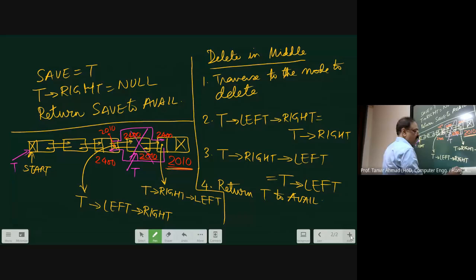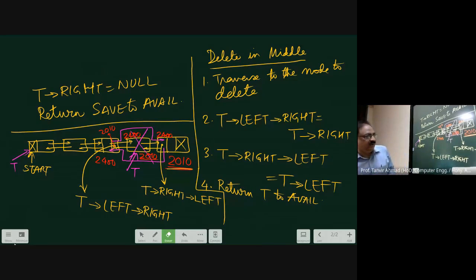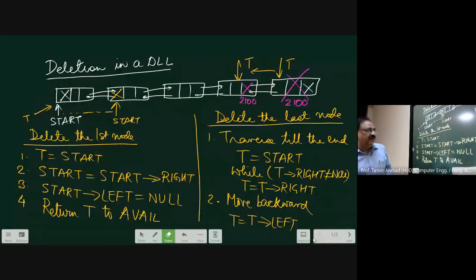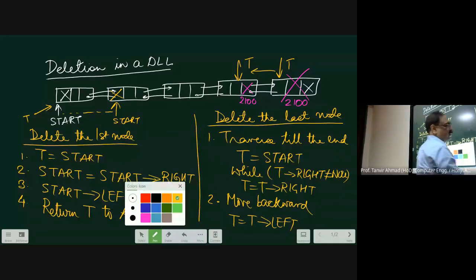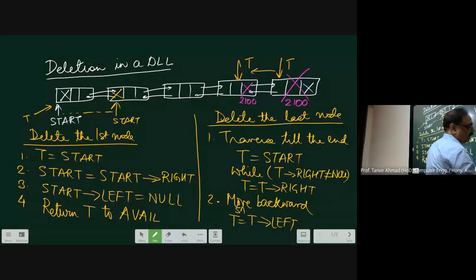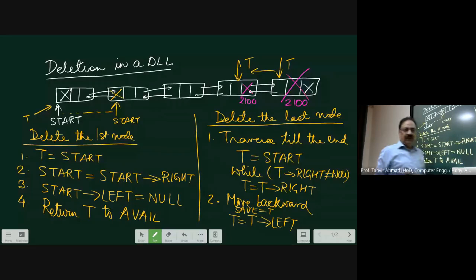Good. Now in that case, what I will do, I will remove this one, and there is a small thing which has to be done. Therefore, I will write over here, save is equal to T. That's all. Now this will solve it. What you are saying is perfectly correct, because I moved left and then I saved the value.